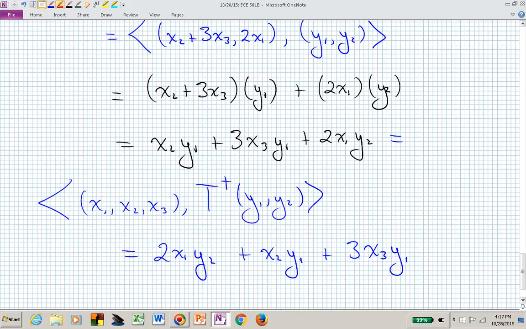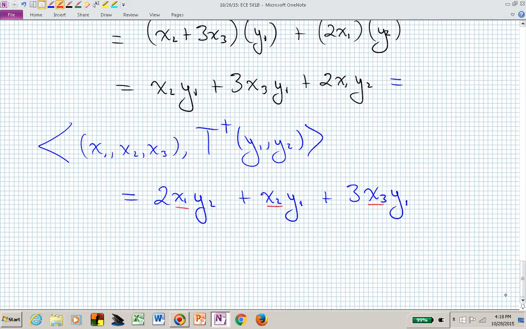And what I'm trying to say is if I identify the components in V, x1, x2, and x3, and if I remember that that's a standard inner product form, then whatever I'm multiplying by x sub 1, that must be in the first coordinate of T dagger W.